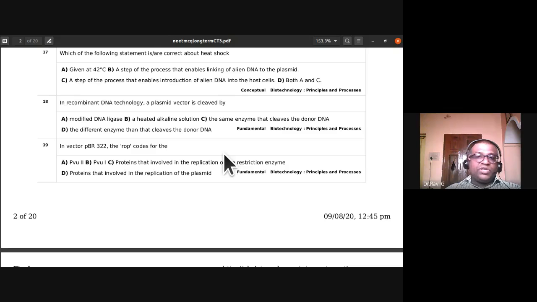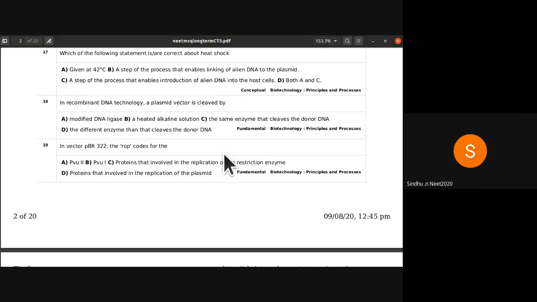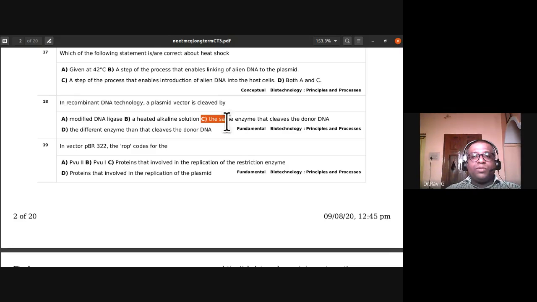It's a very good question. Option C. So the same restriction enzyme that cleaves the donor DNA also cleaves the plasmid vector. Donor DNA is nothing but alien DNA or foreign DNA. We can use different names for it.